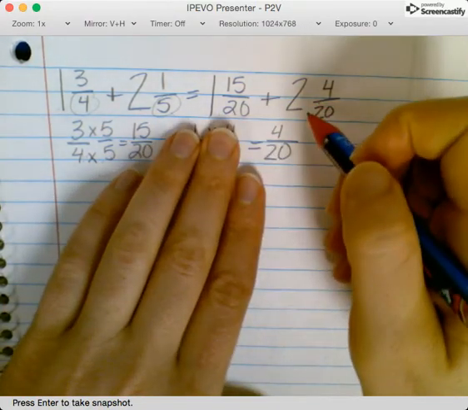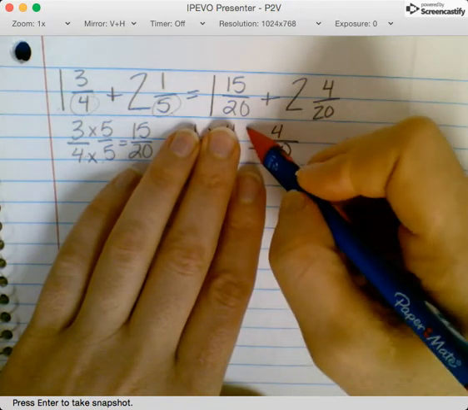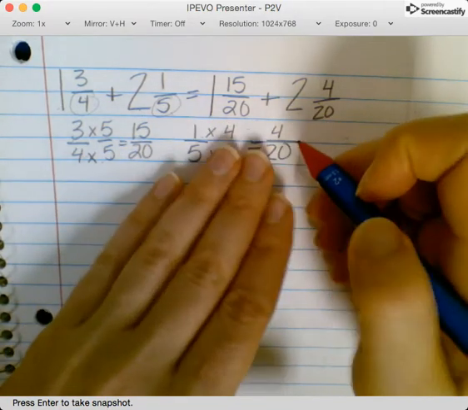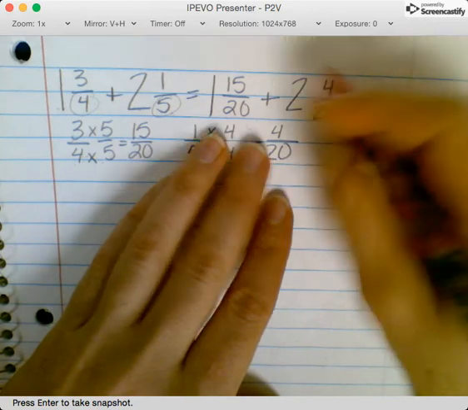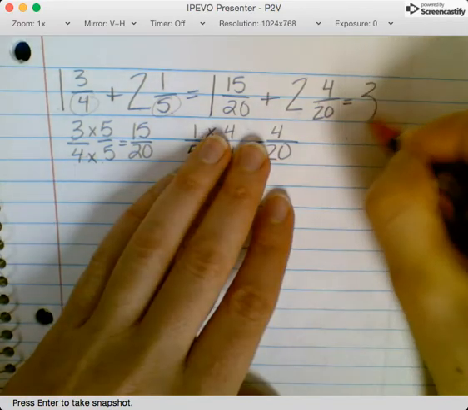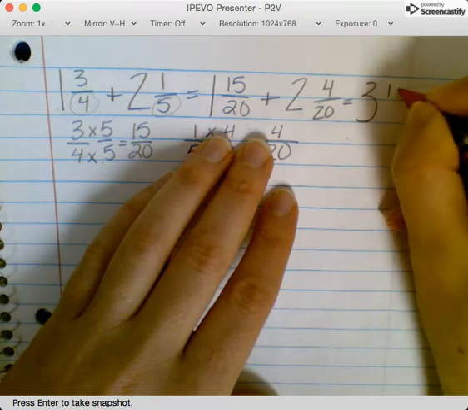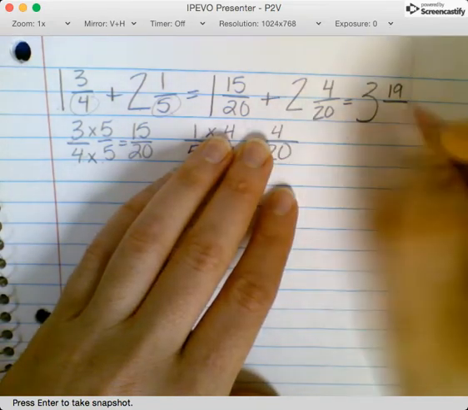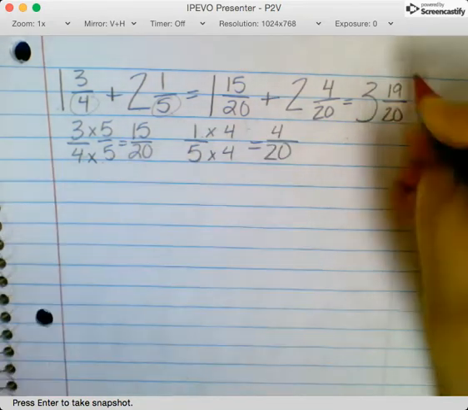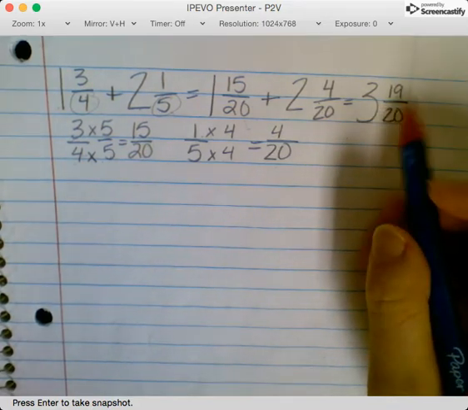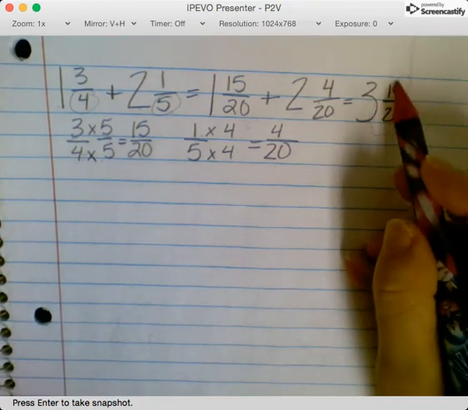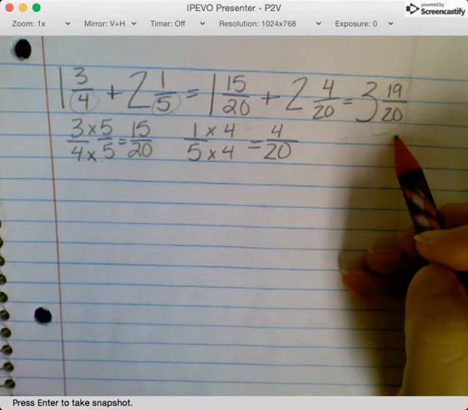Now when I add them, I just add them separately usually. So I'll add the 1 and the 2, which is 3, and then 15 and 4 is 19, and remember the denominator stays the same. So I have 3 and 19/20. Now sometimes you'll get an answer with an improper fraction.